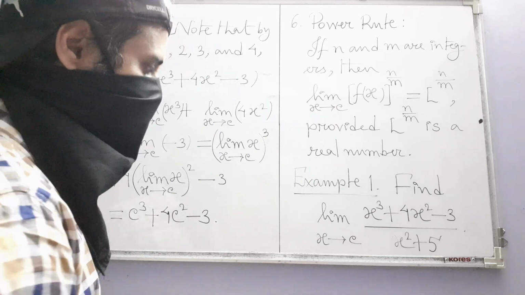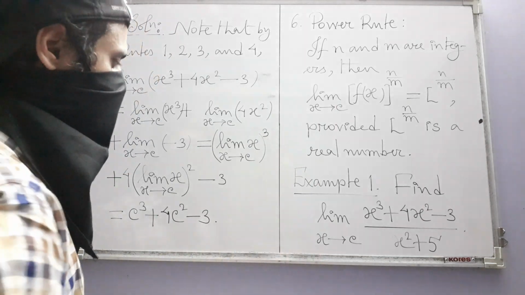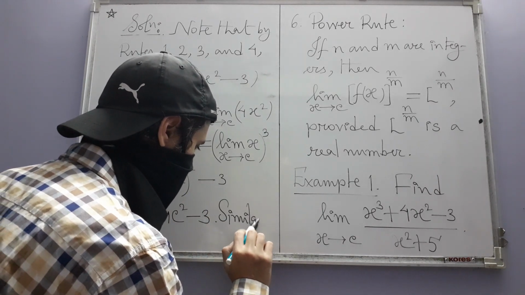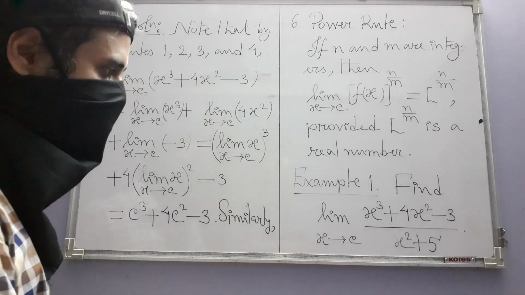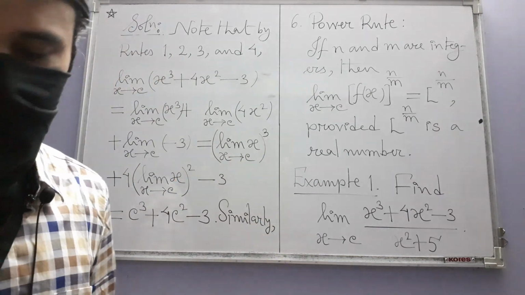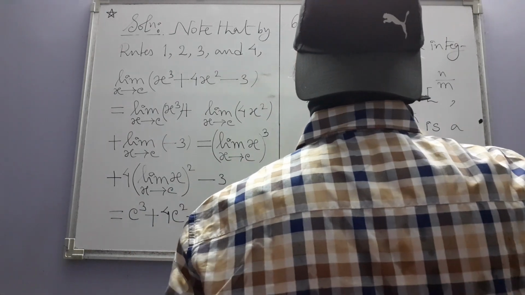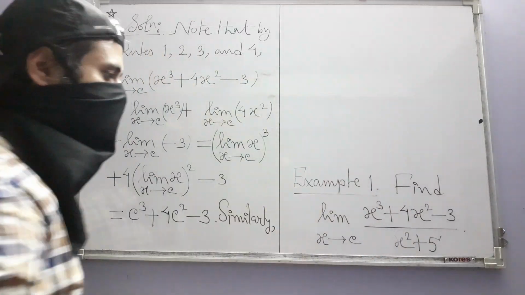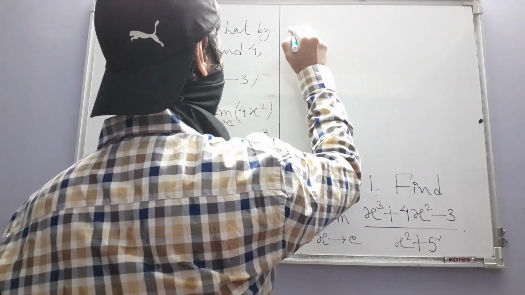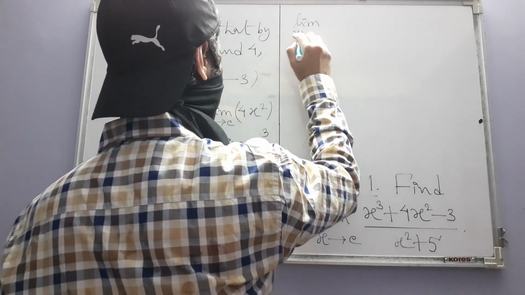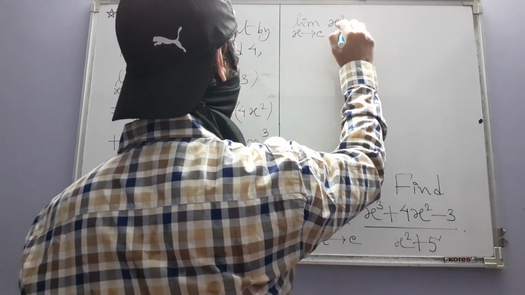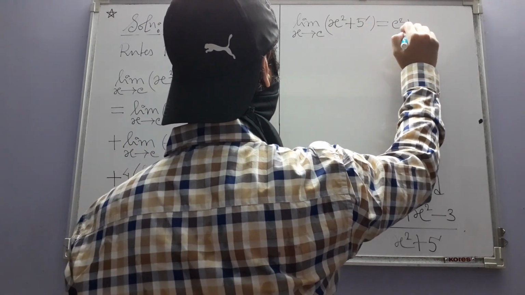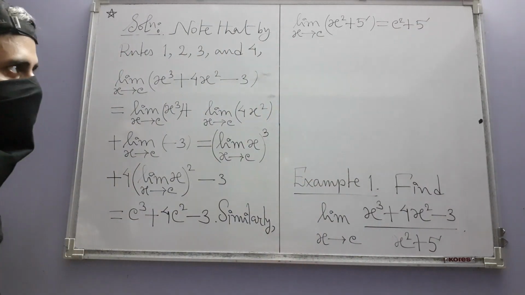Now similarly, I will also know the limit of the denominator. So I am going to write, similarly applying the rules that are required in this case, the limit of x square plus 5 is going to be c square plus 5.